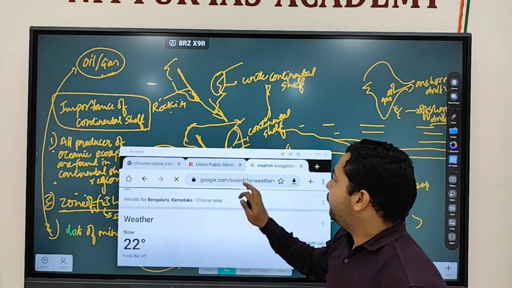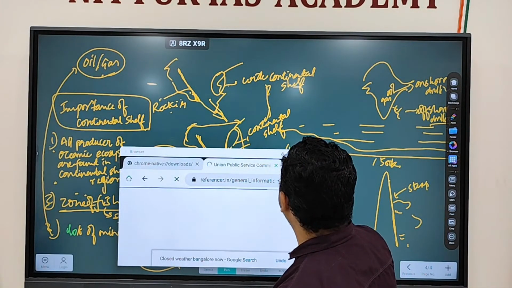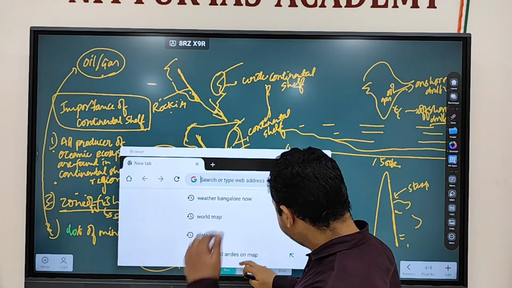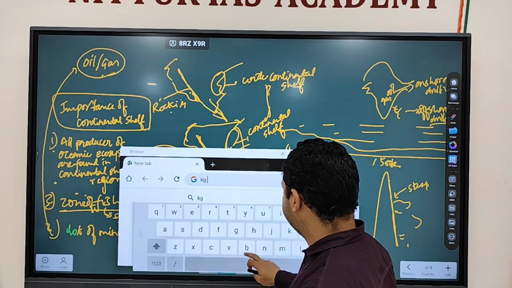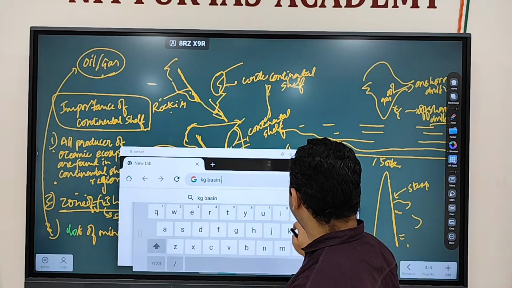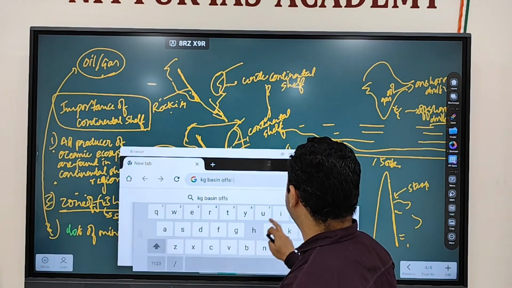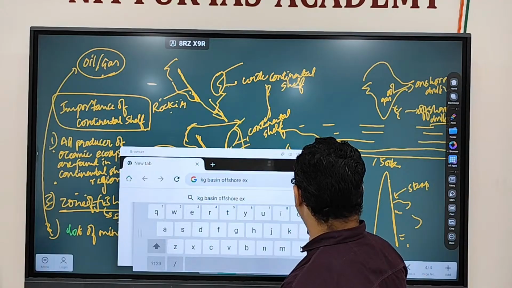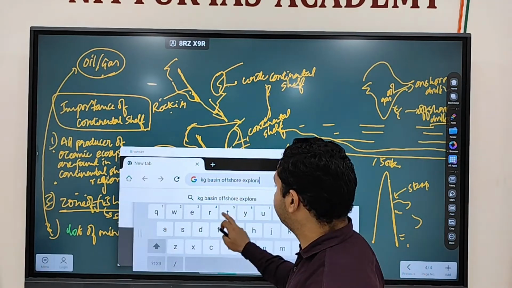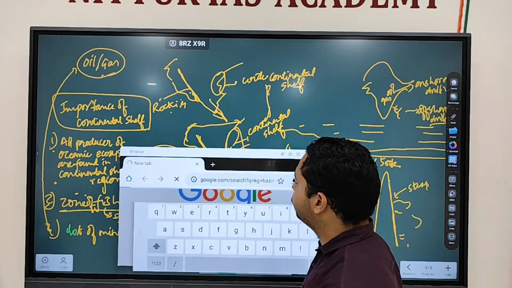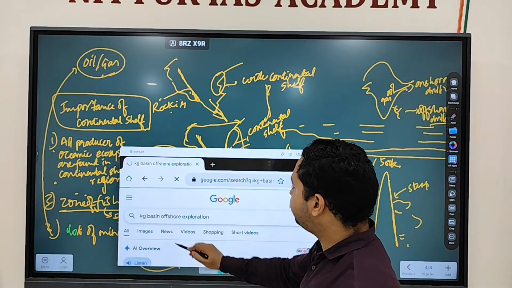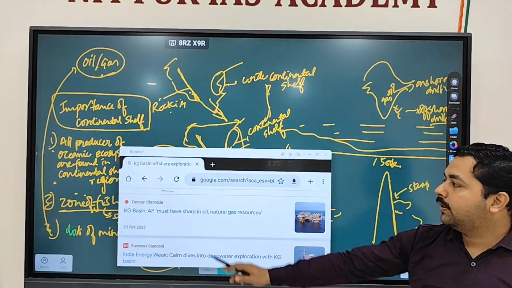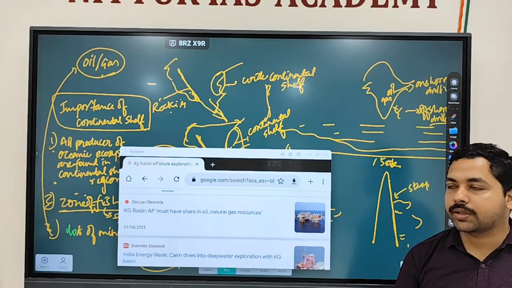If you are finding news, you can see KG basin, AP must have share in oil and natural gas resources. Okay, what is this KG basin?